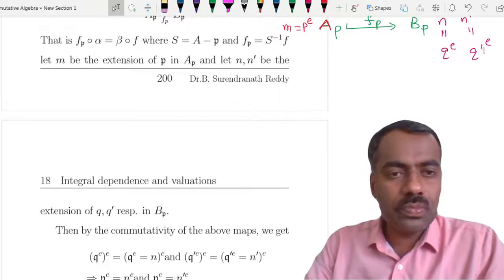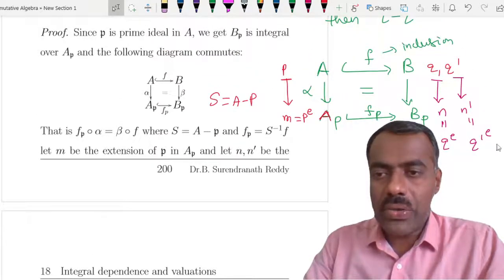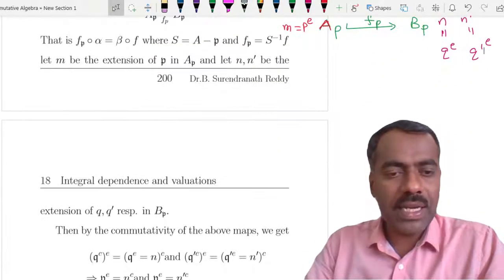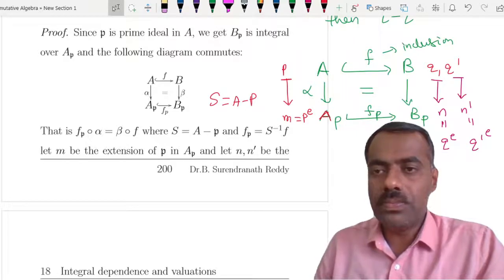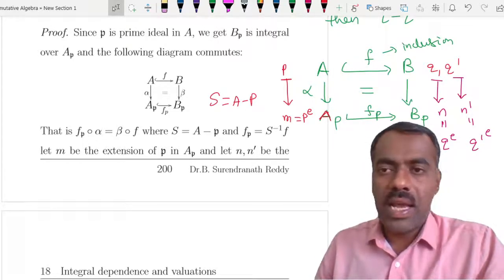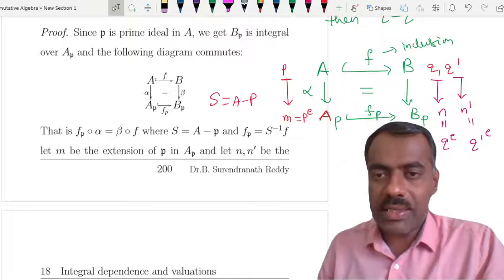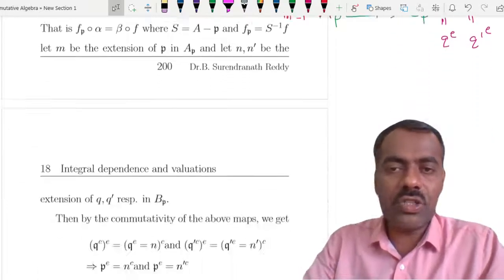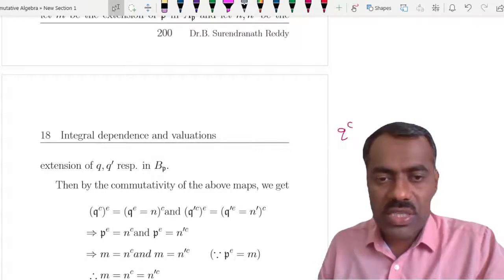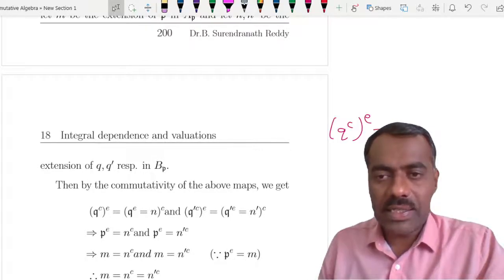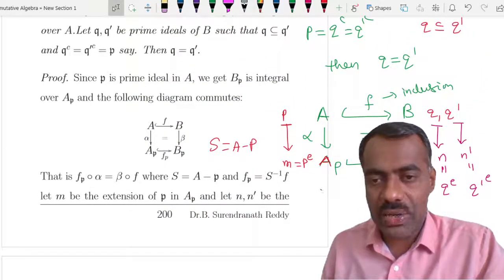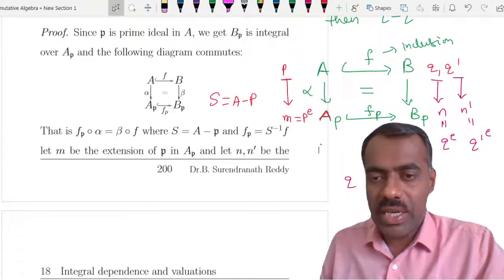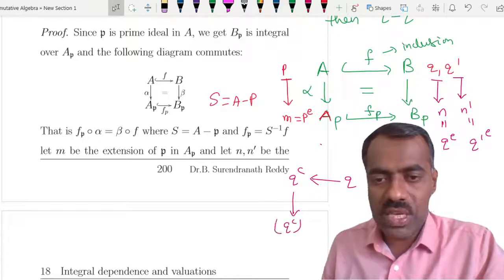Now you have Q^E, Q prime^E, and P. What you can observe here is that by commutativity of the above maps, if you take Q and contract it, then extend it, you get Q^CE.